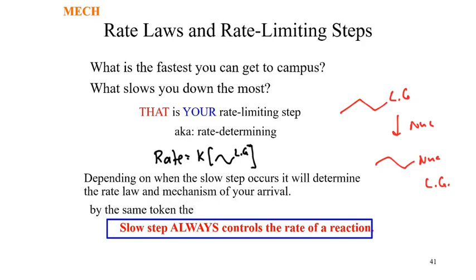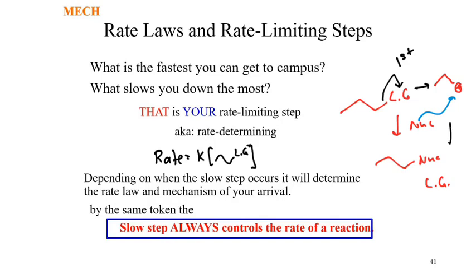Okay? There's my rate law. In that approach, what I'm saying is that the mechanism for this overall reaction is that the leaving group has to leave first, then the nucleophile in a second mechanistic step would come in and attack.